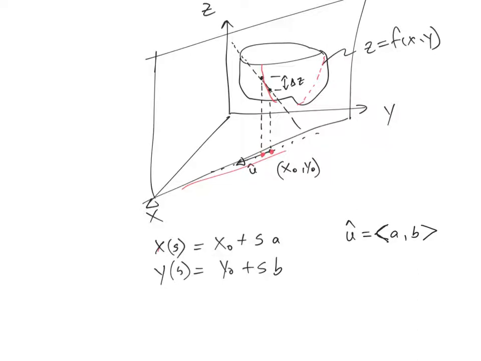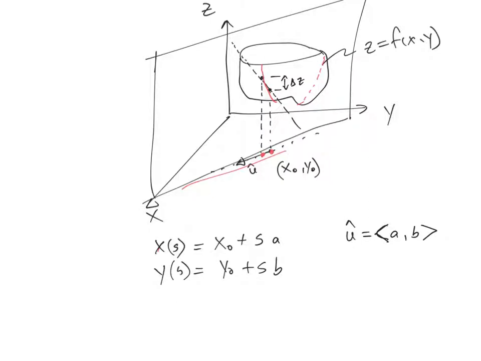Okay, so a is the x component of my unit vector, b is the y component of my unit vector. So using that vector, using the point x naught, y naught, I can write the parametric equation for this line here in this xy plane. Okay, it's the line that I'm moving along as I'm calculating my derivative.